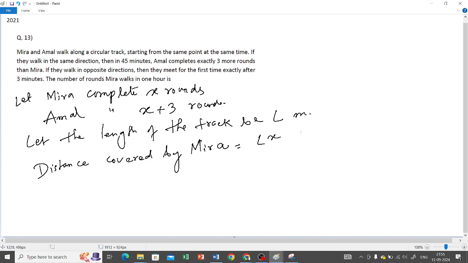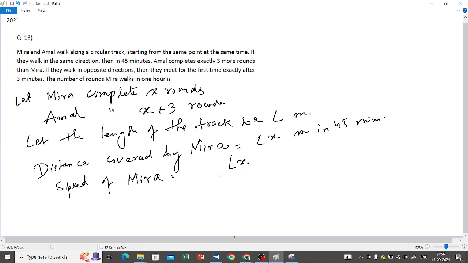L into x in 45 minutes, right? So what is the speed of Meera?